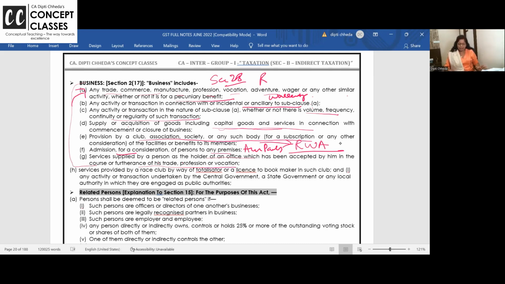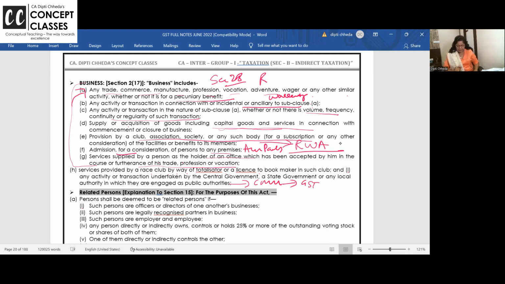No need to memorise, just read it, know it. Services provided by a race club by way of totalisator or license or bookmaker. In short, the race club charges commission on the income generated, so on commission income GST is charged.